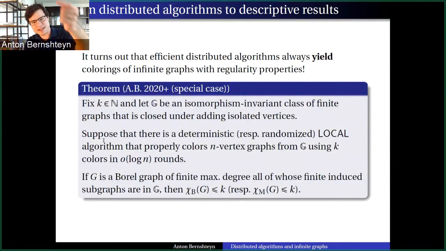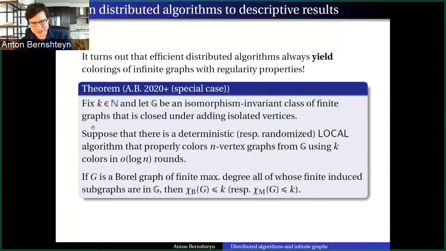And suppose that you have a result in distributed computing. There is a randomized local algorithm for coloring n-vertex graphs from this family using k colors in little o of log n rounds. Say, these are graphs of maximum degree at most delta, and you can color them using delta plus 1 colors deterministically in little o of log n rounds.